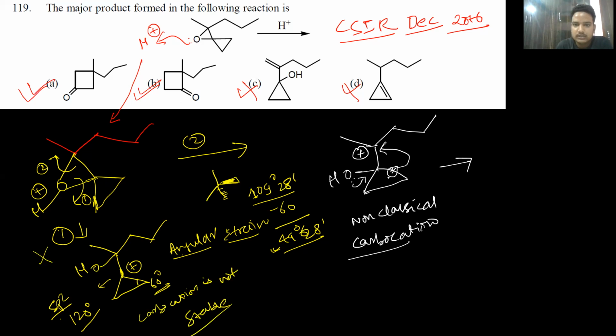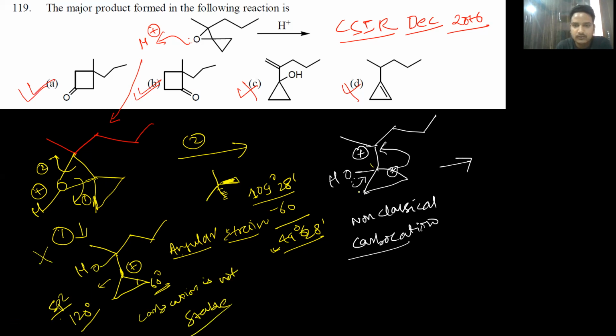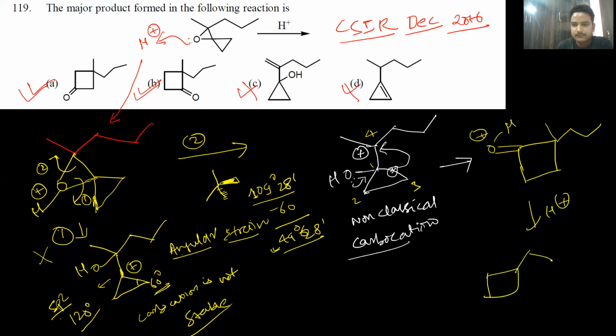So what is our final product? If we number here 1, 2, 3, and 4, we have a 4-membered ring like this, in which at position 4 there is this group, and at position 1 we end up with a positive charge. If we remove the H positive from here, this is the correct answer.